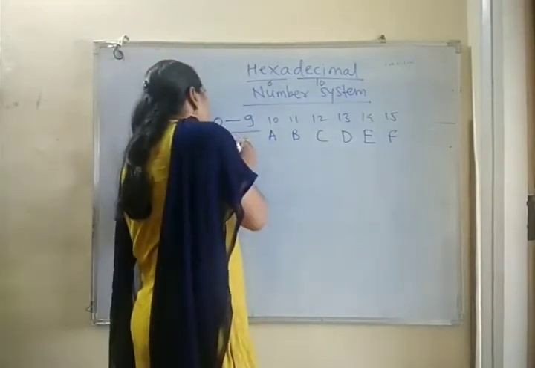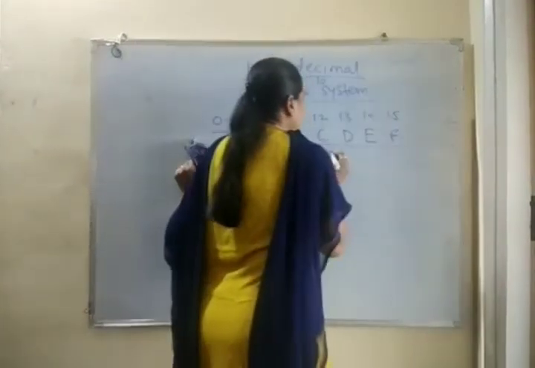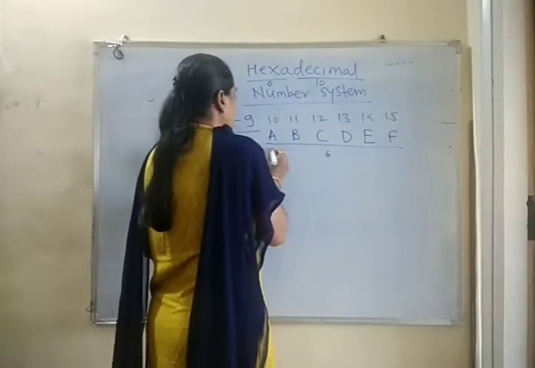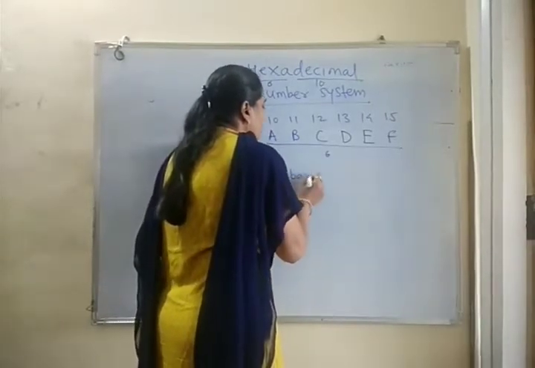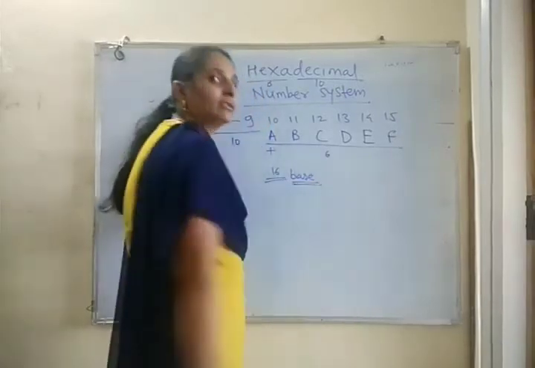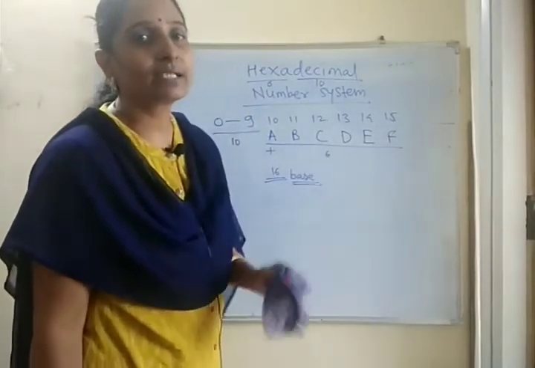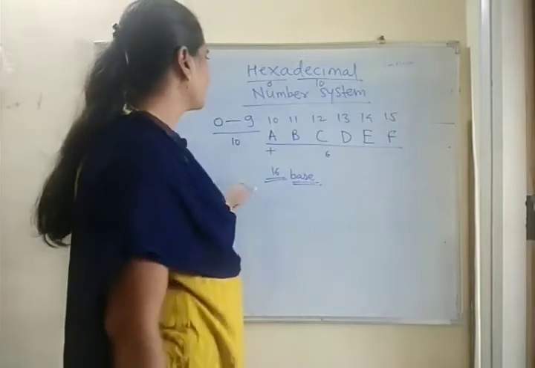So these are 10 numbers and these are total 6. So 10 plus 6, how much? 16. That's why the base of the hexadecimal number system is always 16.